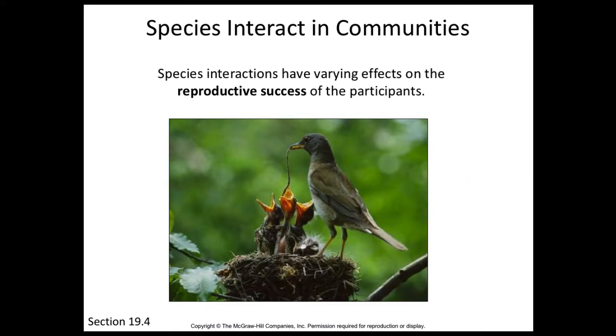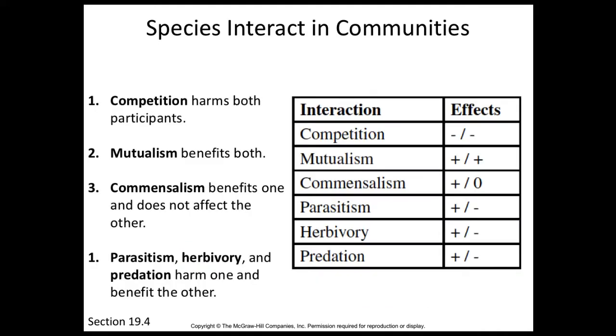Species interactions have varying effects on the reproductive success of the participants. The first type of species interaction is called competition. Competition harms both of the participants in the interaction. Our next species interaction is a mutualism.